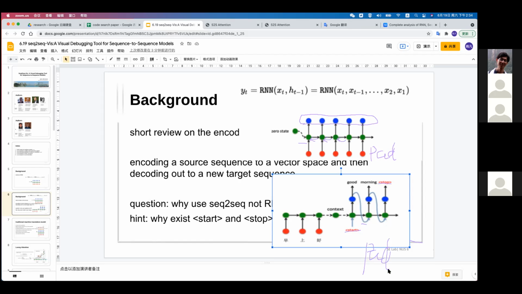Okay, you do not need the pad. You just use the start and the stop sign in the output space. Maybe from the input space, you still have some pad, right? Yeah. In the input space, you also do not need to use pad because the recurrent neural network is just the same neuron at every token.